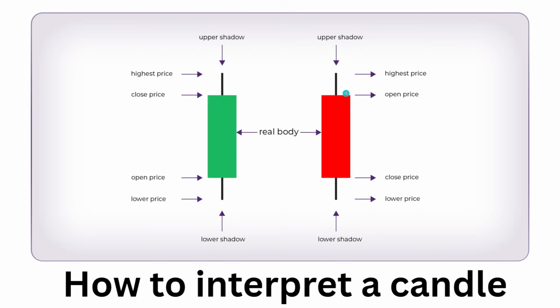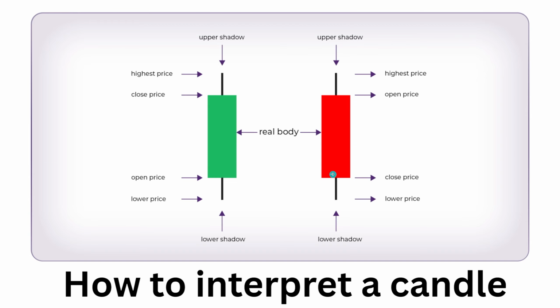Whenever price gets below its open price, instead of the opening price being at the bottom, its opening price would be at the top. And the high and low are still in the same area. But whenever price would start going above its open price, it would show green, and whenever price is going below, it would show red.